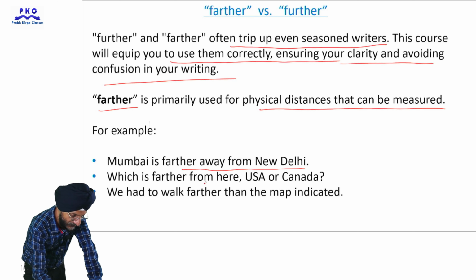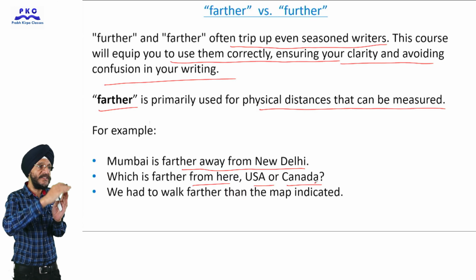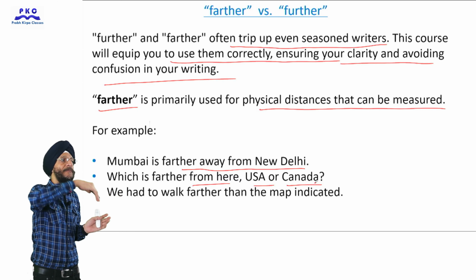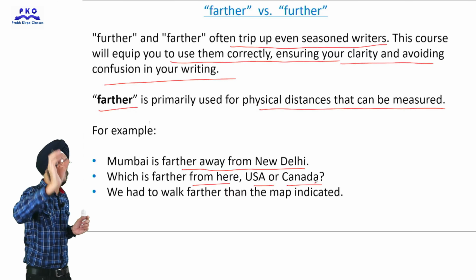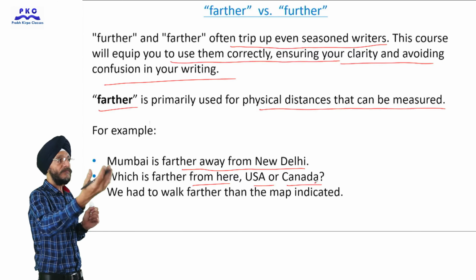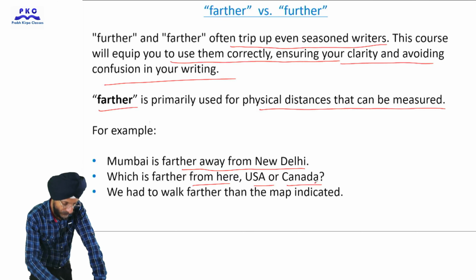Next is, which is farther from here, USA or Canada? It means that we are talking about the physical distance between a particular location and, on the other side, USA or Canada, and we want to inquire which is at more physical distance. So here we will use the word farther.